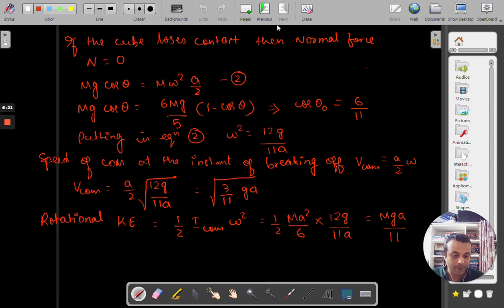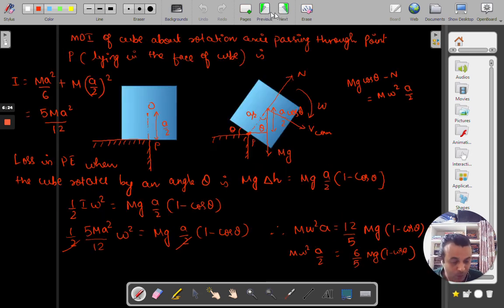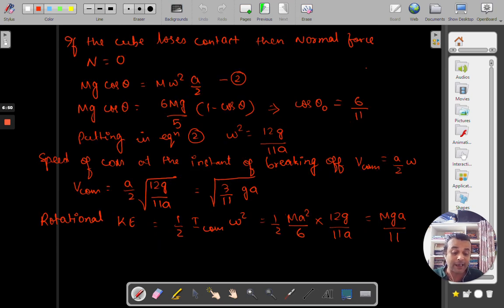Now the next point, where many students make a mistake: rotational kinetic energy. Once the cube leaves, it will be rotating about its center of mass. It will not rotate about point P because it has left point P, but it will be rotating with the same omega as at the instant of leaving point P. When I take the rotational kinetic energy, I will take half into I, the moment of inertia about its center of mass.